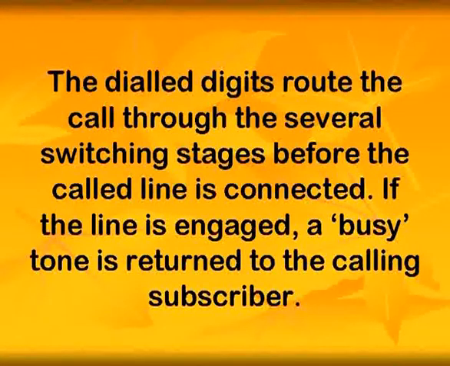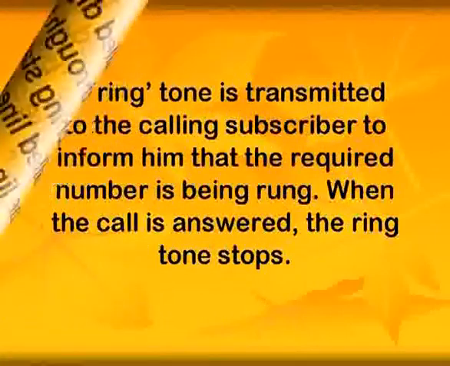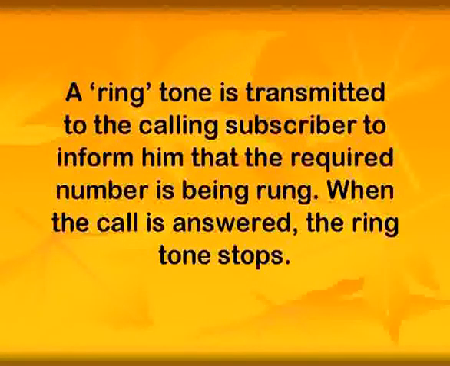If the line is engaged, a busy tone is returned to the calling subscriber. A ringtone is transmitted to the calling subscriber to inform him that the required number is being rung. When the call is answered, the ringtone stops.